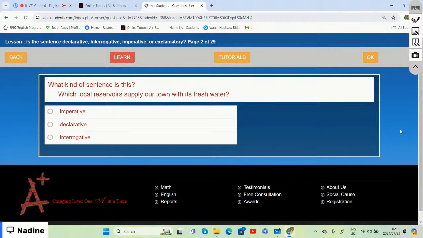So if there's a question mark, do we say it is an imperative sentence, declarative sentence, or an interrogative sentence?